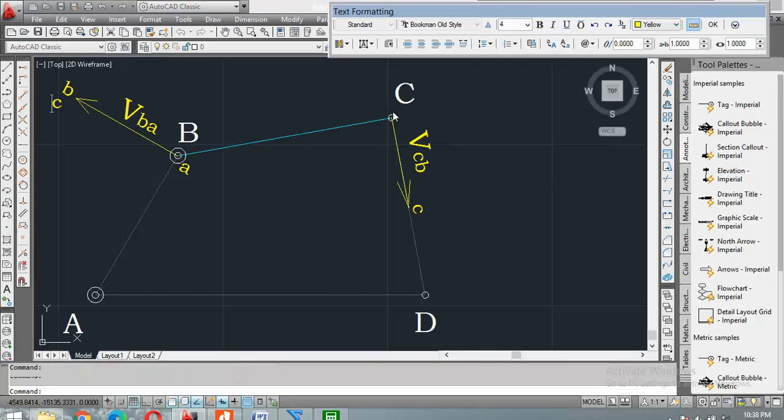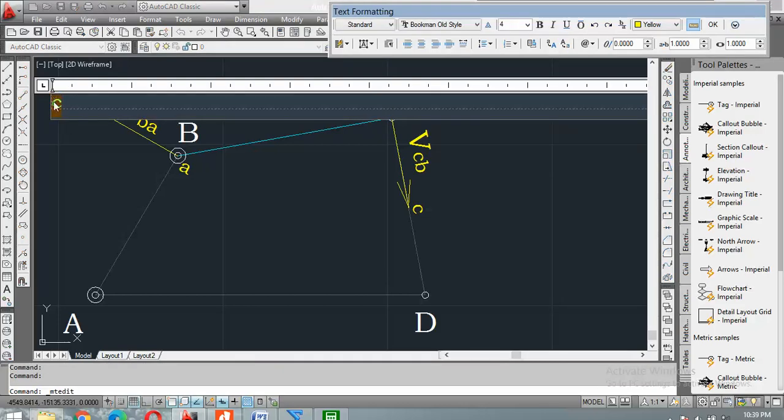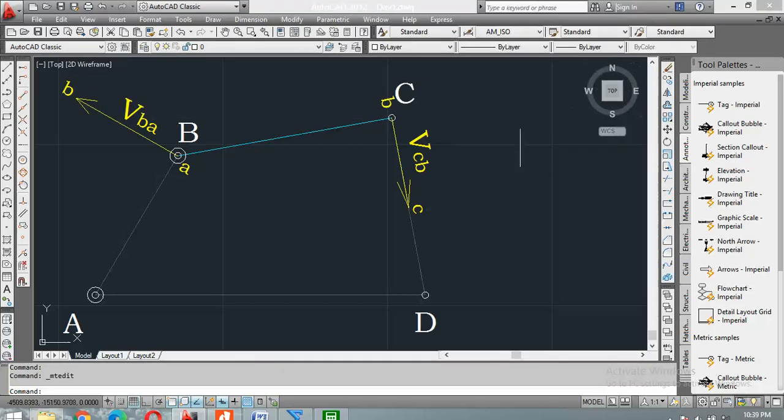So this vector represents velocity of point C with reference to B.